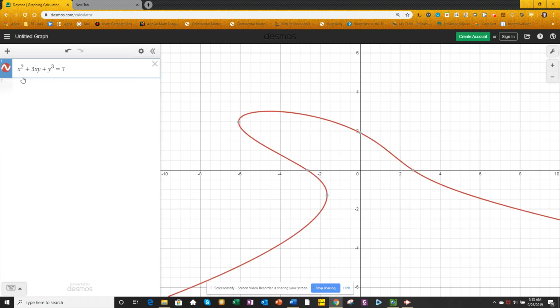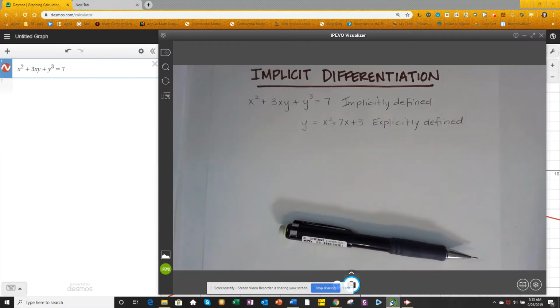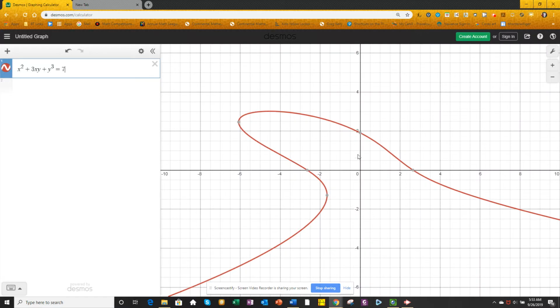That's what the curve looks like. And you can see on this curve that it has a vertical tangent here, and it's got a horizontal tangent up here somewhere, and another vertical tangent. So there are slopes to be found to these curves. These curves have rates of change, and we need to have some vehicle or some way to be able to find their slopes. Okay, so that's what we're going to do today.